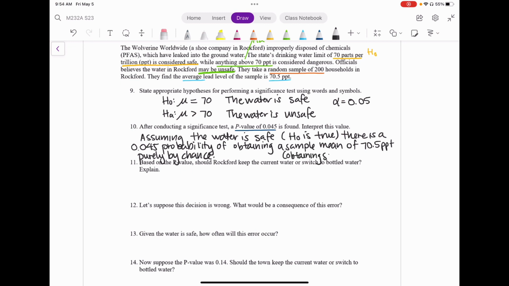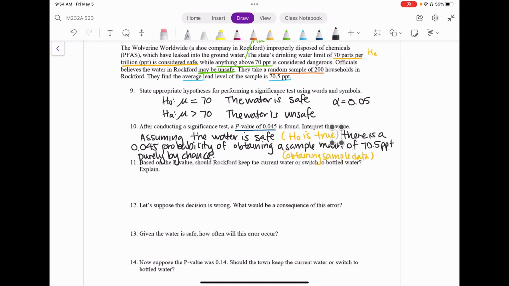I'm putting the two things in parentheses, the null is true and obtaining sample data, because these are the standard regardless of the problem. We're obtaining the sample data, but I gave it to you in context about the 70.5. We're talking about that the water is safe.